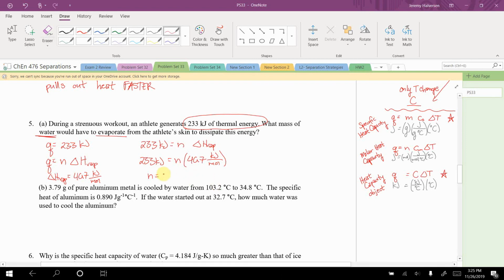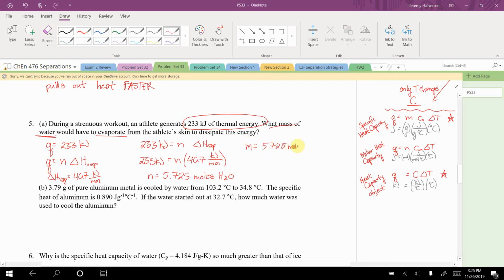It's going to be 5.725 moles, and we're just treating this as water. Okay, and it says what mass, so I don't want moles. If I had found a delta H of vaporization in kilojoules per gram, then I would have gotten grams when I divided, and I'd be done with the problem. But I got kilojoules per mole, so I get moles, so let's change that to mass.